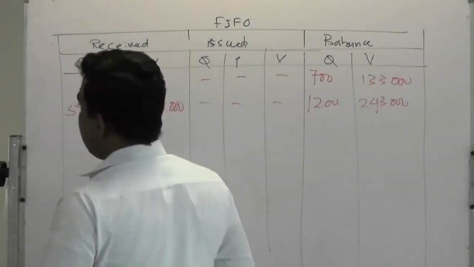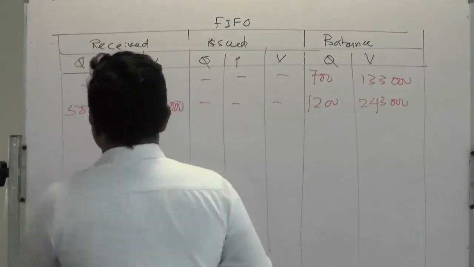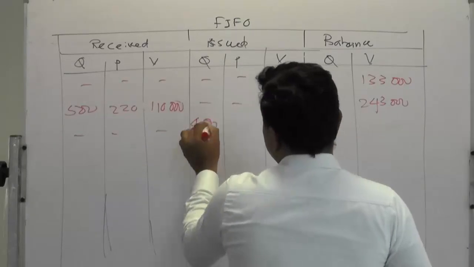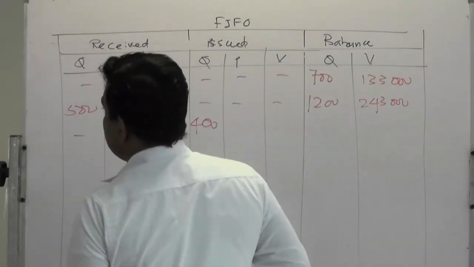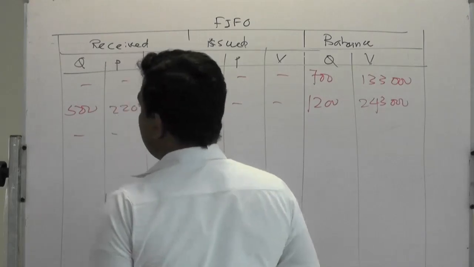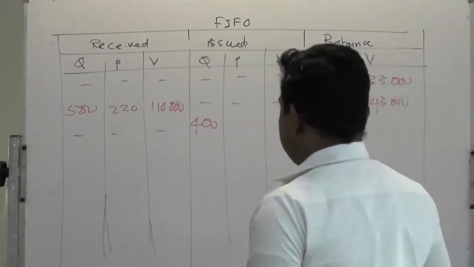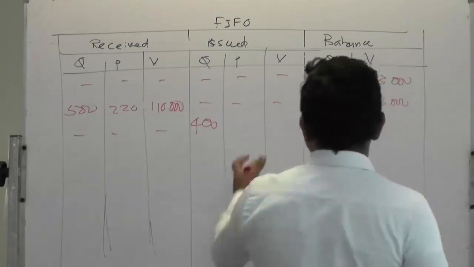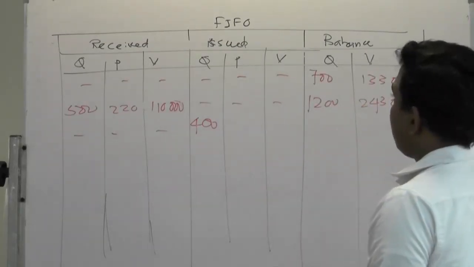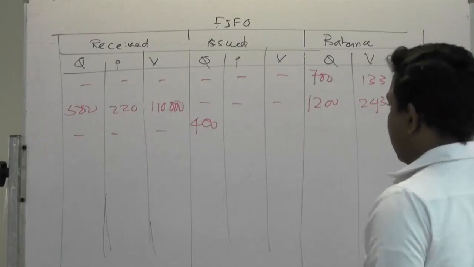Then November, you have sold 400 units, that is issued 400 units sold, right, for 160,000. Now you have to issue this amount from your ledger using the FIFO method, first in first out.